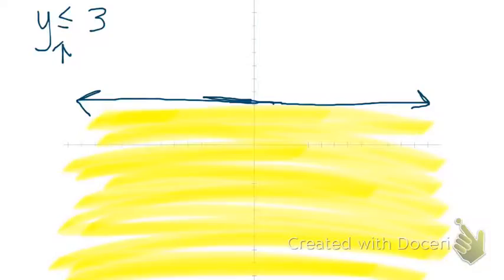Okay, next up we have the other inequality, which is y is greater than negative x plus 5. Now let's start to graph this. We need to go to positive 5 on the y-axis. Get my starting point here.